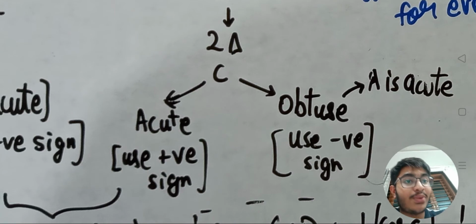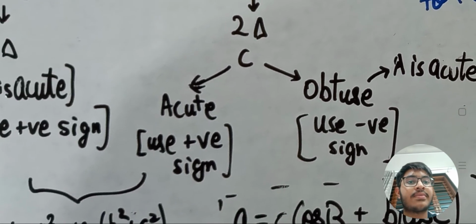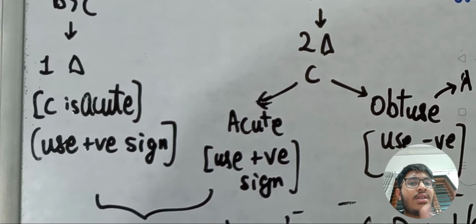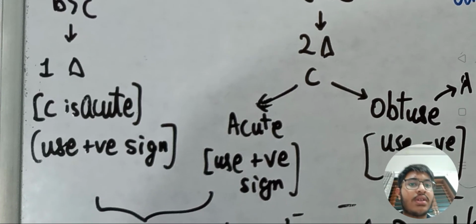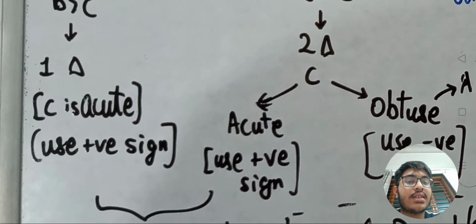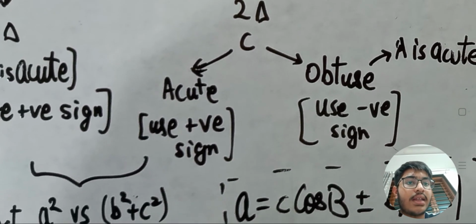And note that when C is obtuse, the other two angles have to be acute, so A is acute here. Now the two cases where B was acute and C is also acute, first this one and then this one.